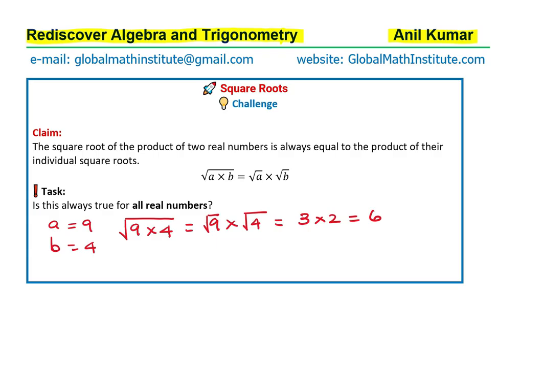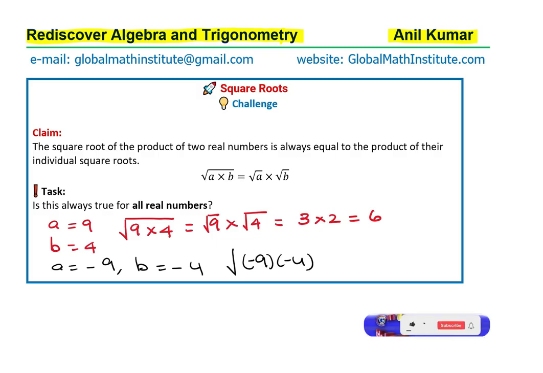But what happens if I take minus 9 and minus 4? If I take a equals minus 9 and b equals minus 4, in that case, when I multiply them, the square root of minus 9 times minus 4 does give me the square root of positive 36, whose square root is 6.